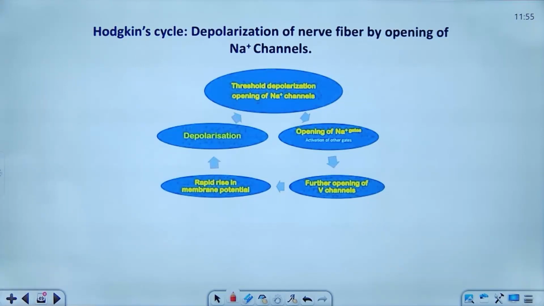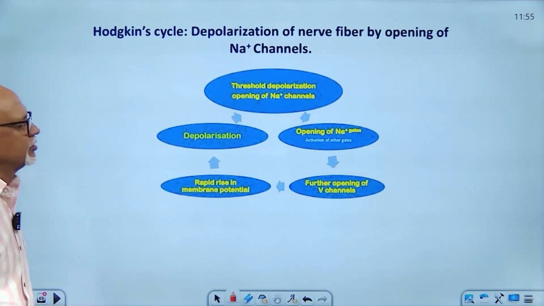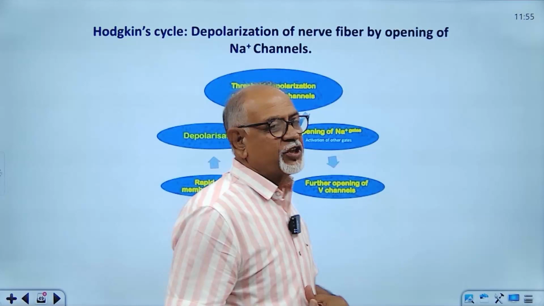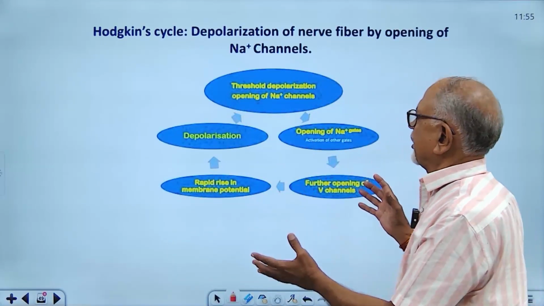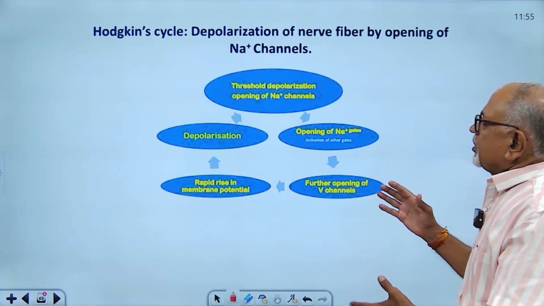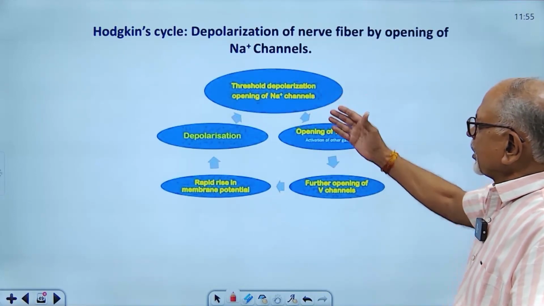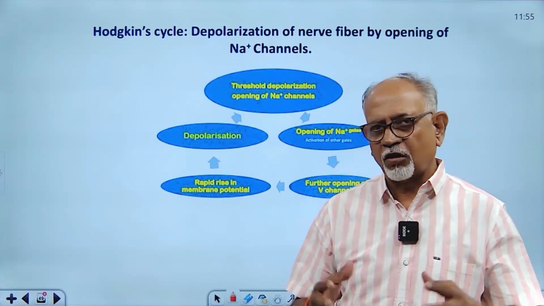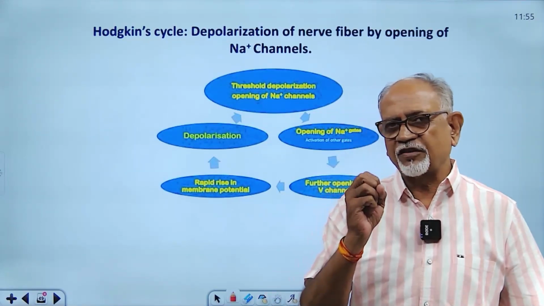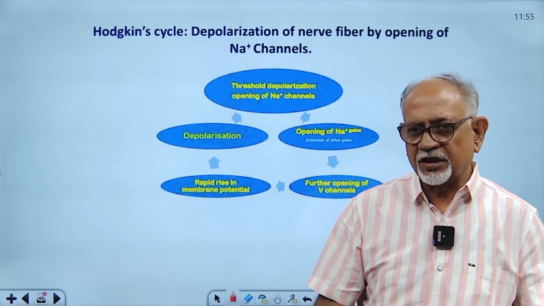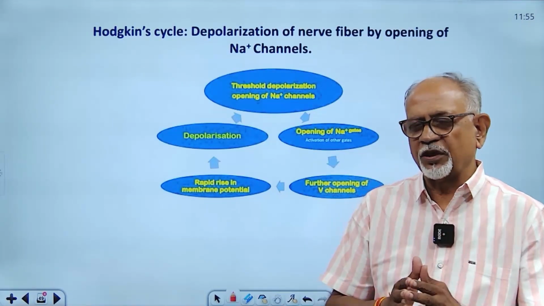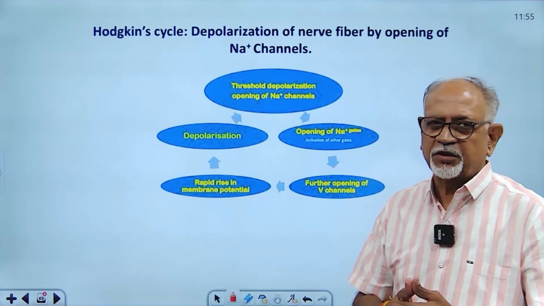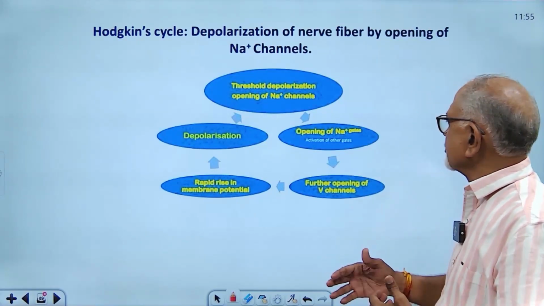Here, this is Hodgkin's cycle of depolarization of nerve fiber. The same thing is depicted in a different way. If there is a threshold of depolarization, threshold means the nerve fiber works in all or none law. If the threshold is up to the mark, then the sodium gates will open and that will generate an action potential.